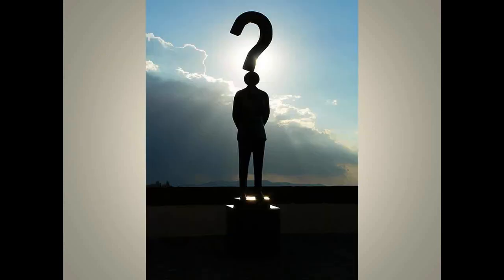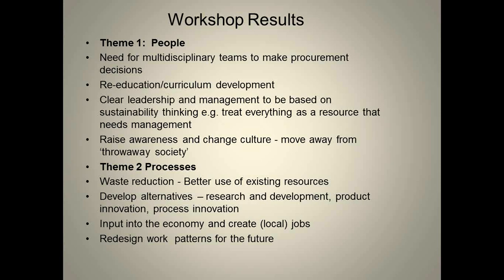So moving on. The results from our workshop are here up on the slide, and there were two main themes, one around people and one around process, which is fairly inevitable, I guess. But what was pretty important was the need for multidisciplinary teams to make procurement decisions. One of the things that we found was that although there was some consensus on some of the items across clinical and non-clinical participants in our study, there was also disagreement.